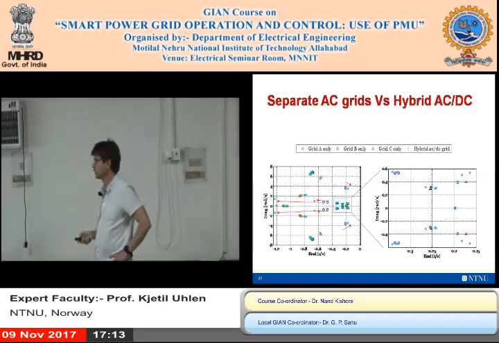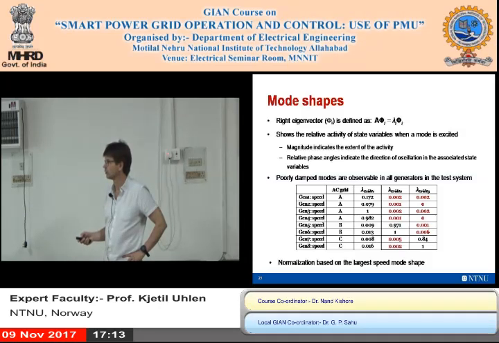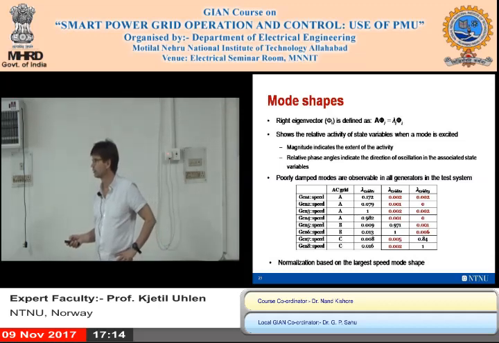And we can look at mode shapes. And what we see, if we look at the inter-area mode, this one, is that this is observable mainly in grid A as expected, but it has some observability in the other grids, even though it's low.